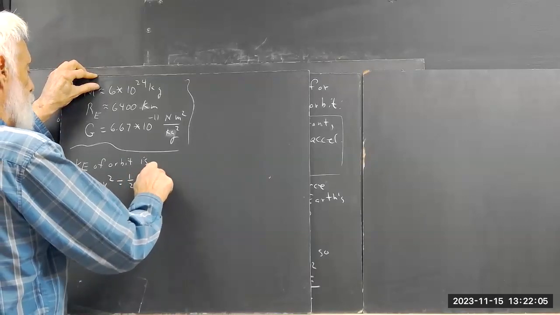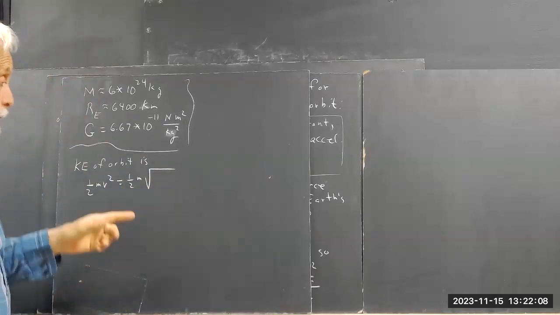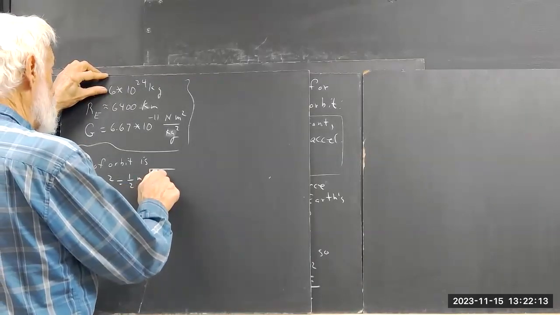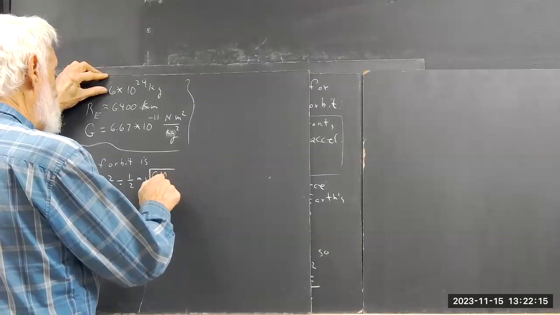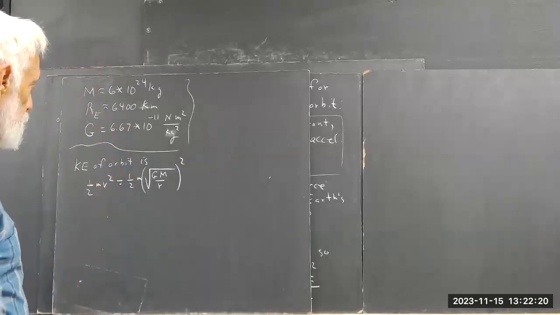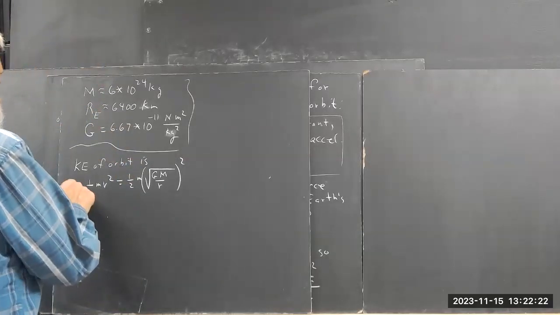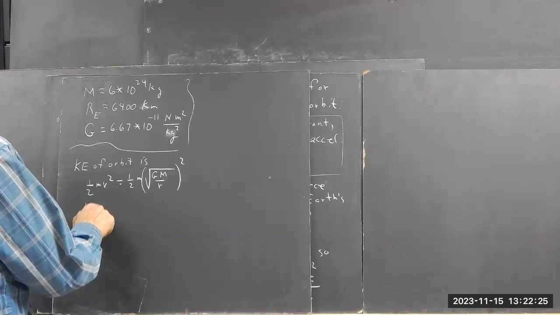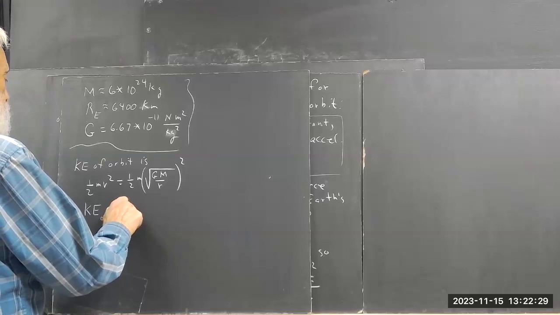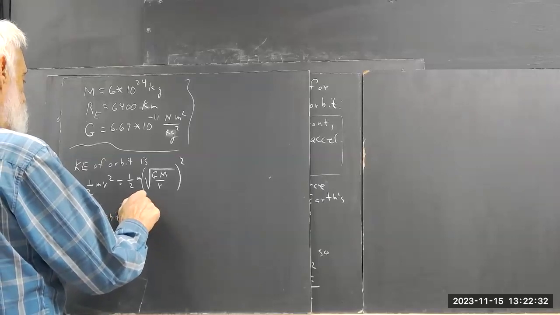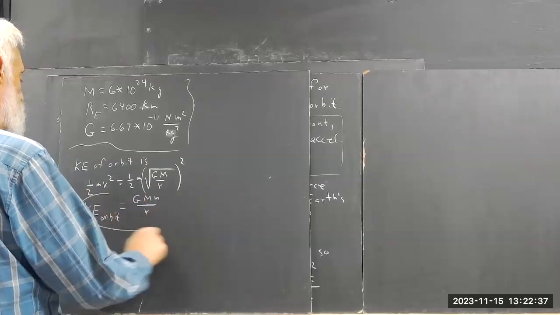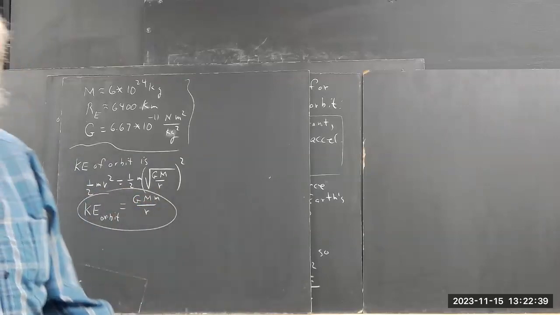And notice that V is the same no matter what the mass of the particle is, okay? And it depends only on the radius of the orbit. So we do 1/2 mv squared. And then we got the kinetic energy of a circular orbit.